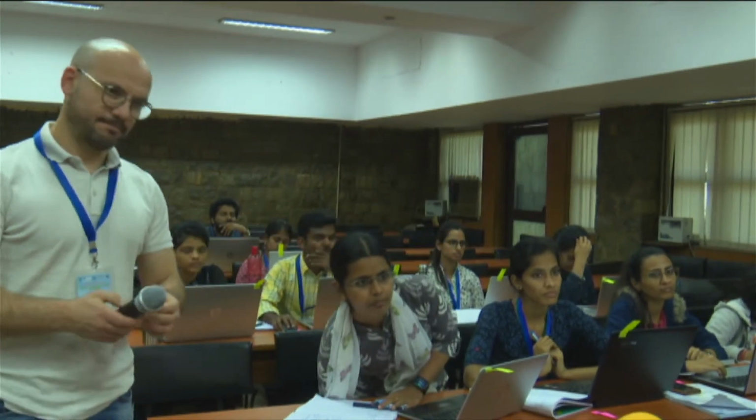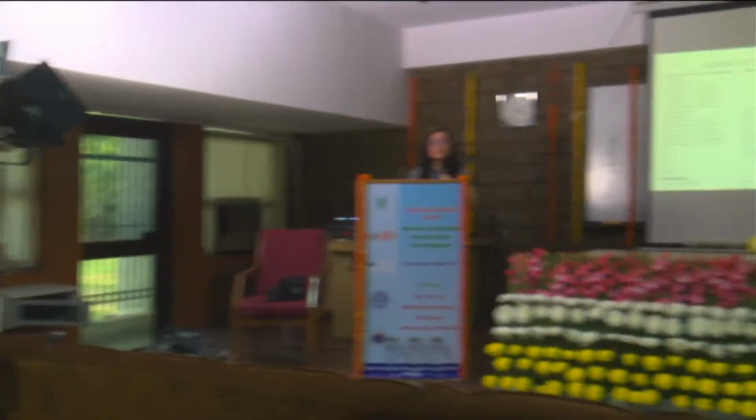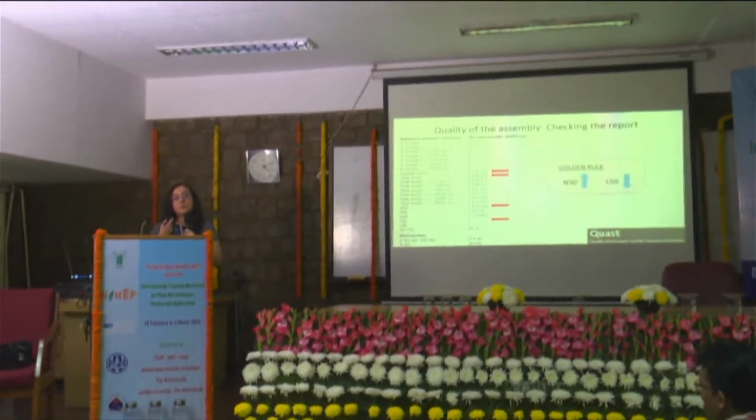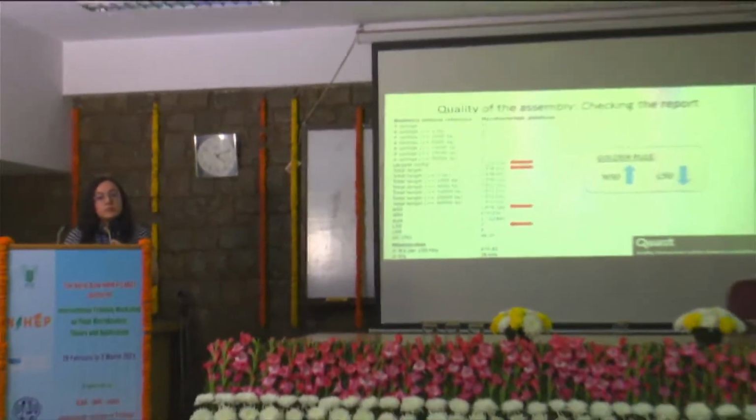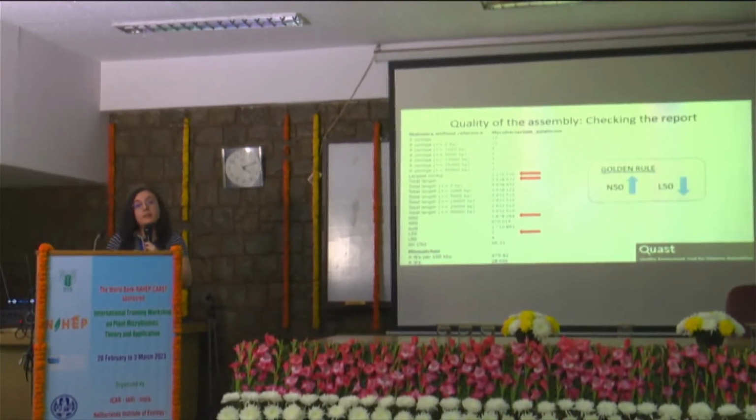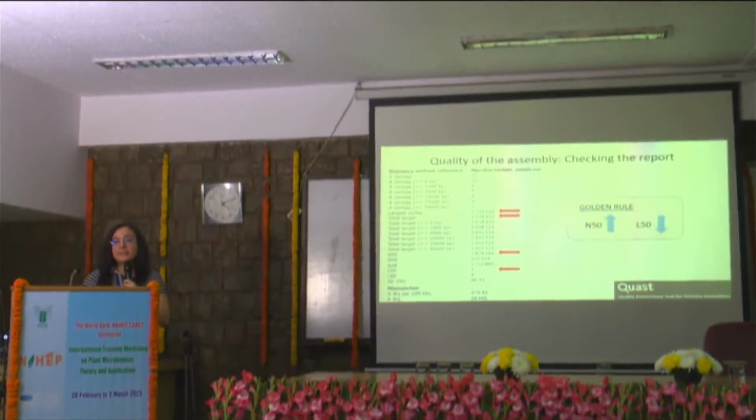What can be the maximum L50 value that can be considered as a good assembly? Well, that depends on the length of your genome. L50 with 1, yeah, that would be the perfect scenario.